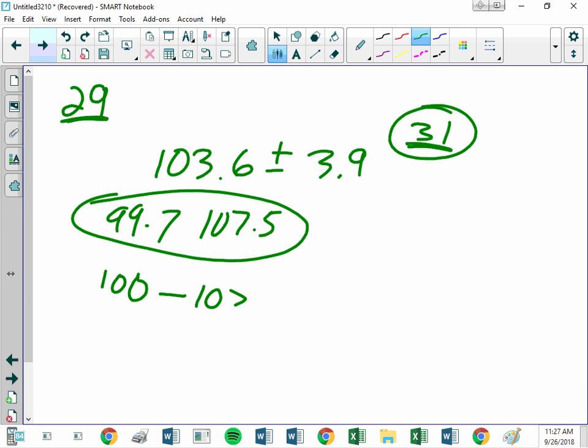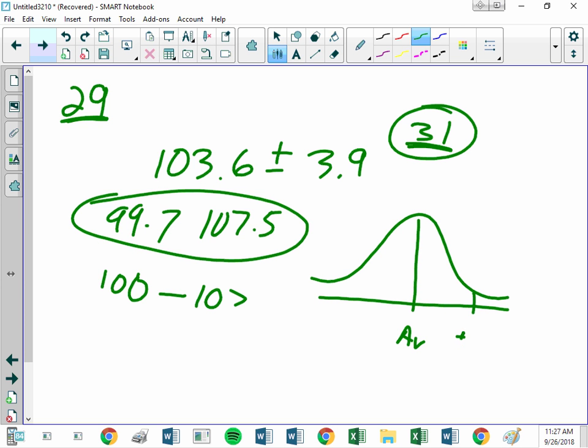How should we do that? Using the normal curve. Well, this is my average, and I want to go out here to plus 2. So what do I do? How do I find this area?